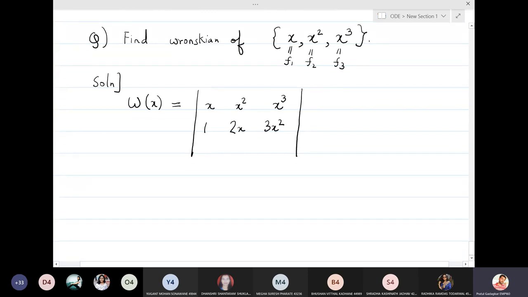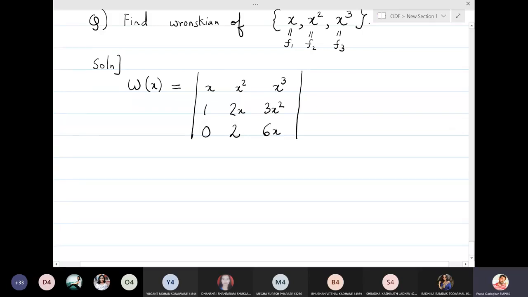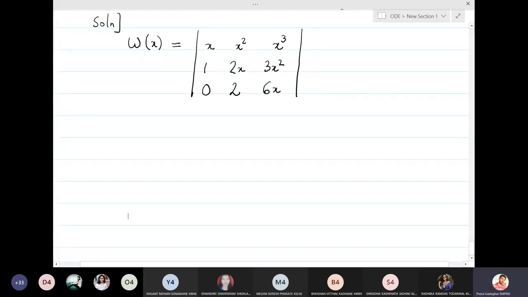The third row is the derivative of this row: the derivative of 1 is 0, the derivative of 2x is 2, and the derivative of 3x square is 6x. Okay, now we have to solve this determinant and see what the Wronskian is. So I'm doing the calculations now, which is x into the determinant of this, 12x square minus 6x square.